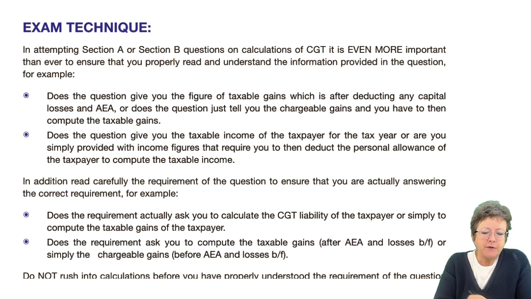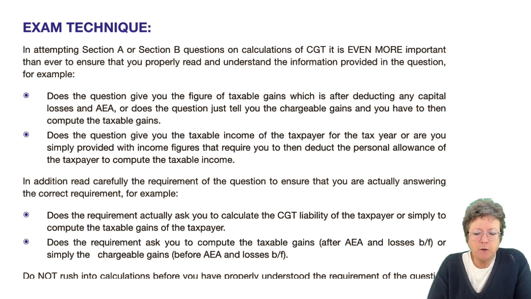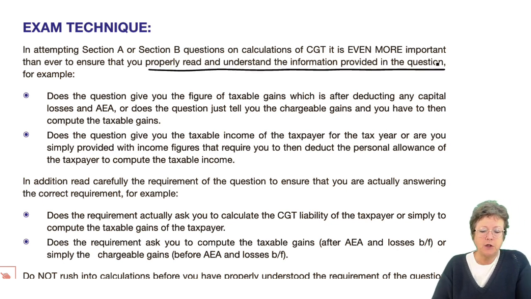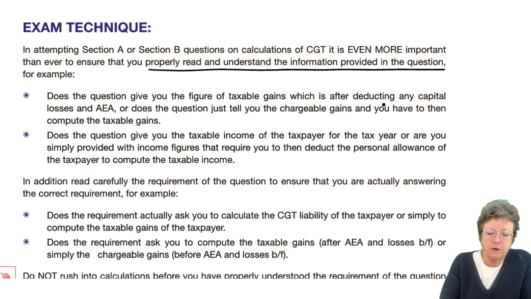So it says, in attempting Section A or B questions on calculations of CGT, it's even more important to ensure that you've properly read and understood the information provided in the question. So, does it give you the figure for the taxable gains, which is after deducting any losses or annual exemption?